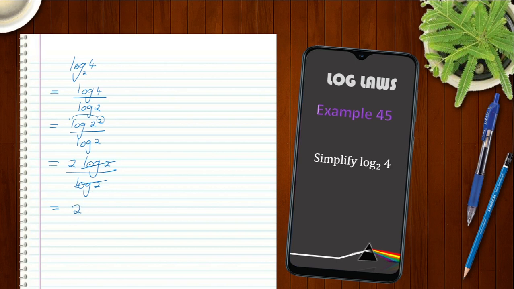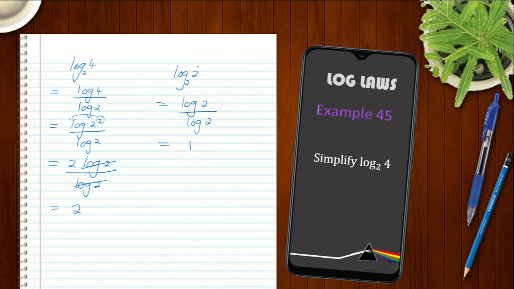All right, from here, if we saw this log 2 with base 2, we can expand it as log 2 over log 2. What does this mean? If this cancels, this is equal to 1.